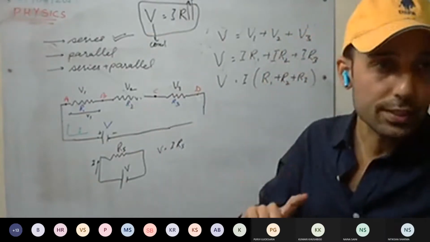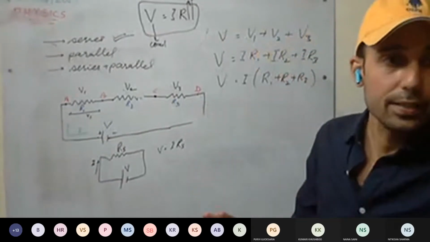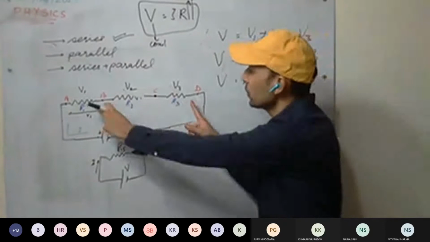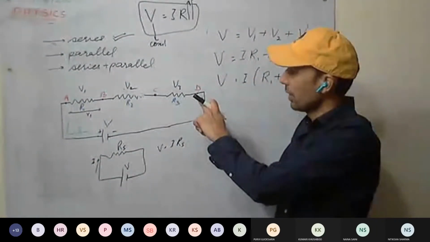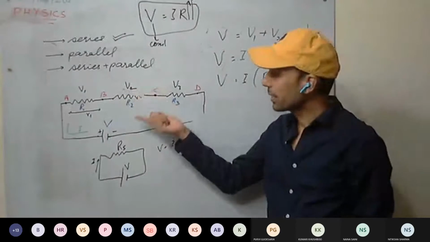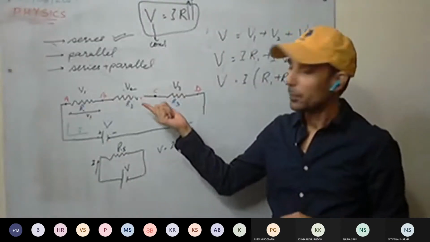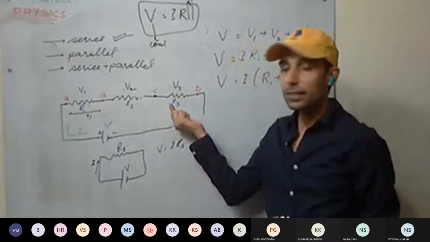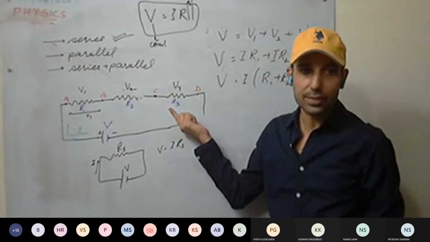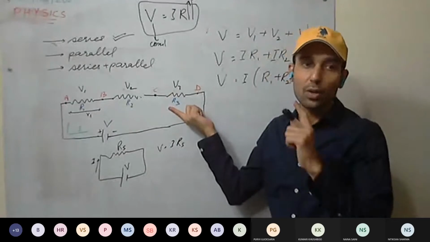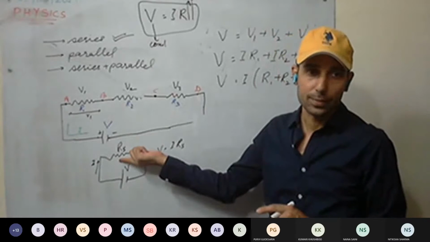In different words, if we remove these three resistances and replace them by a single resistance such that the current flowing through the circuit remains the same, then the resistance these three resistors have offered should have the same value as the single resistance that we are going to put.